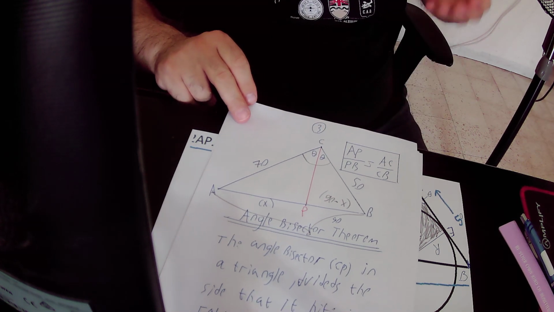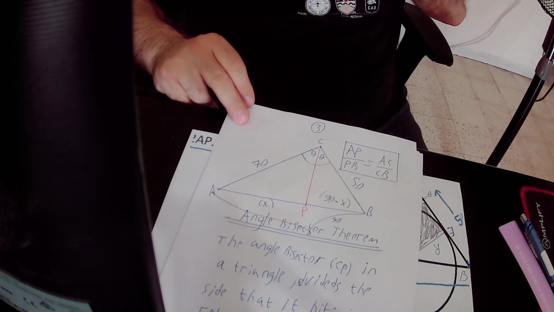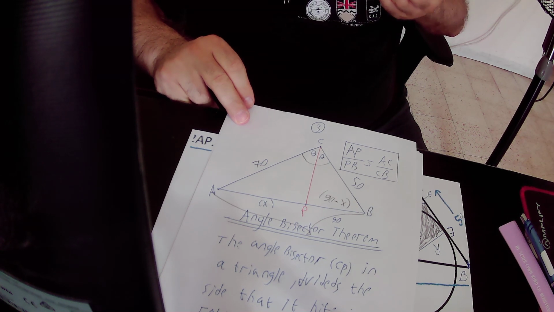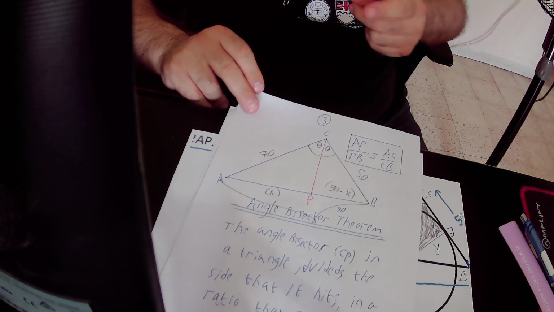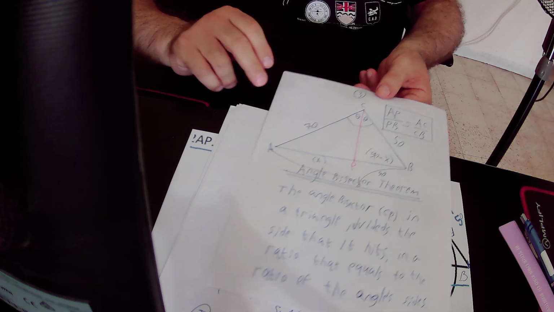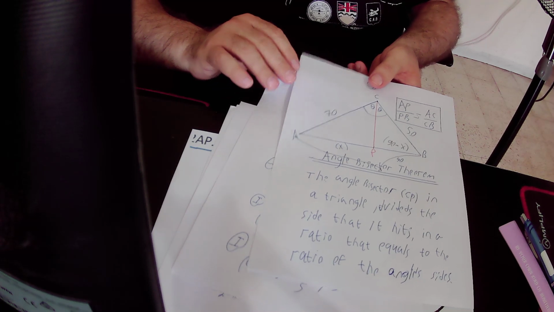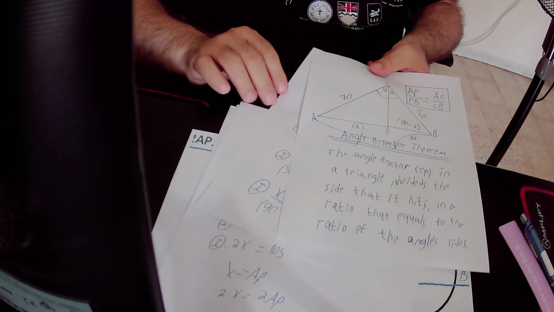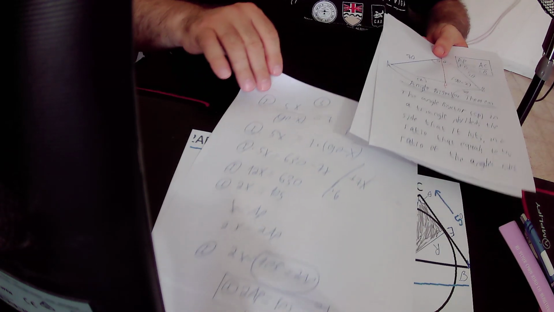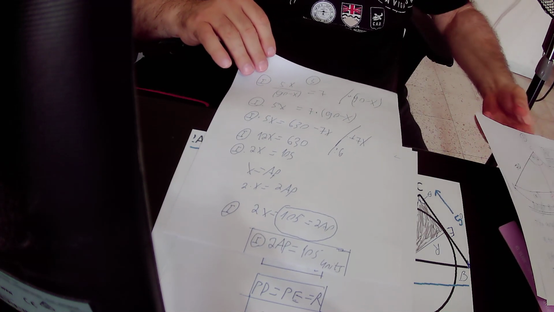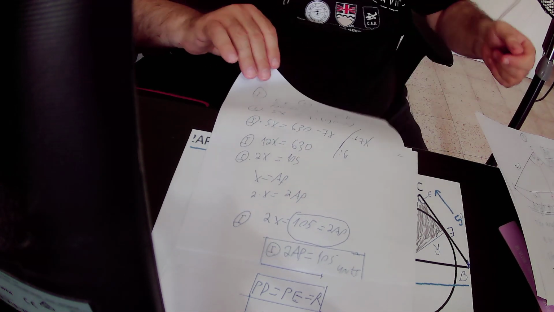We have here one equation with one variable, X, so we can easily find the value of X, and we found that 2X equals 105 units.